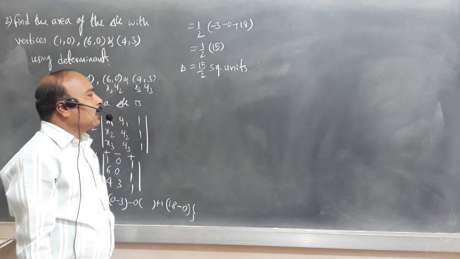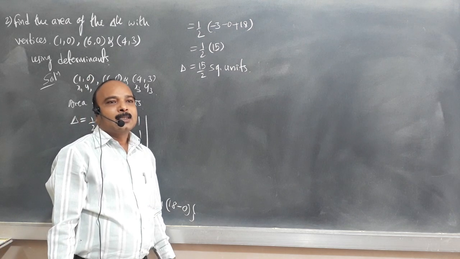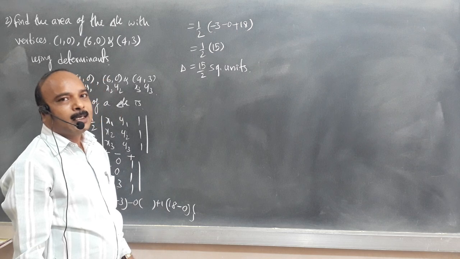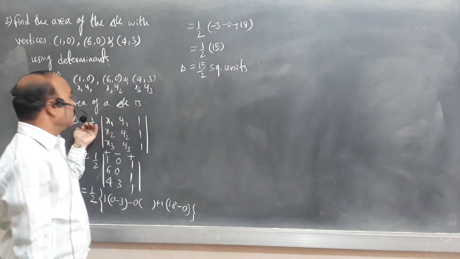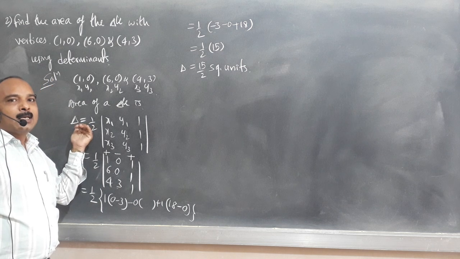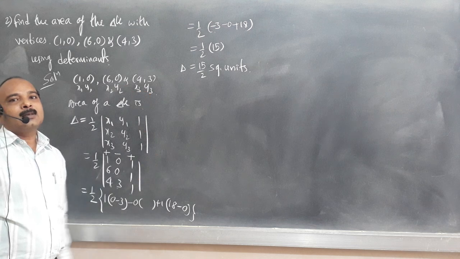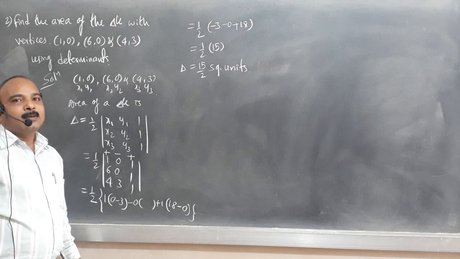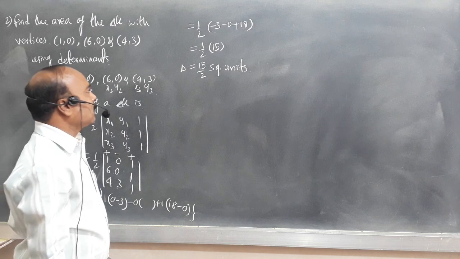And third result, if the given points are collinear, then automatically the area of the triangle becomes 0. That is, delta is equal to 0 if the given 3 vertices or the given 3 points are collinear. These are some important results for calculating the area of the triangle and other examples.